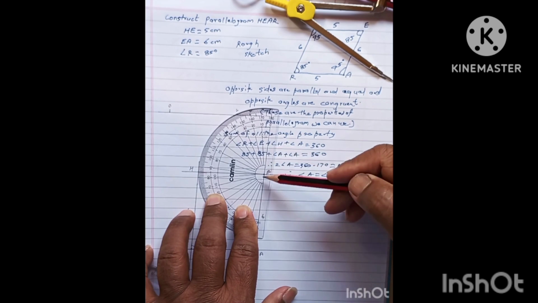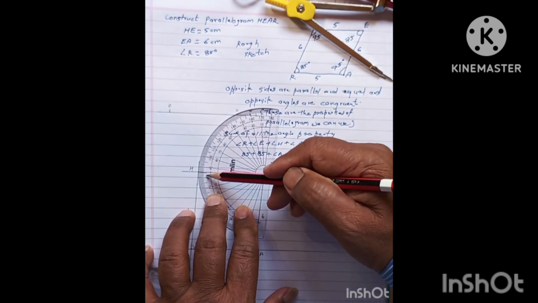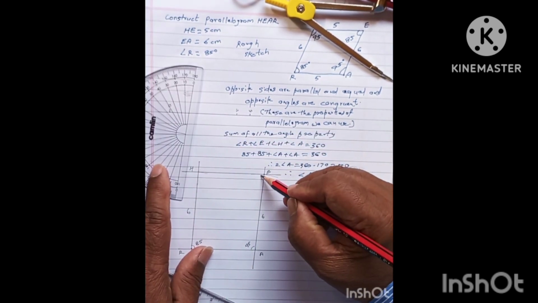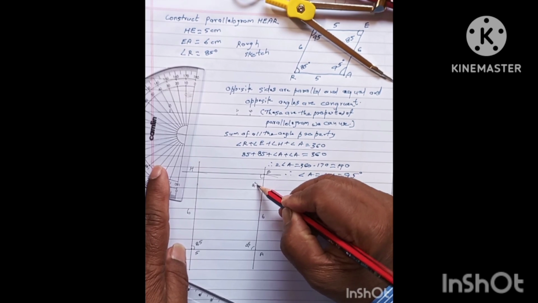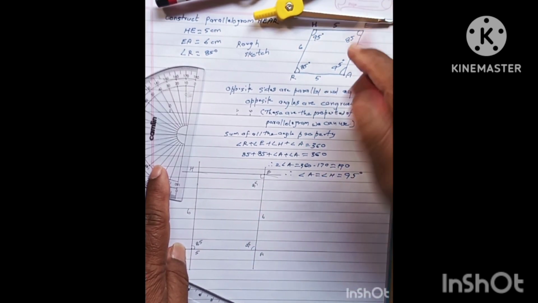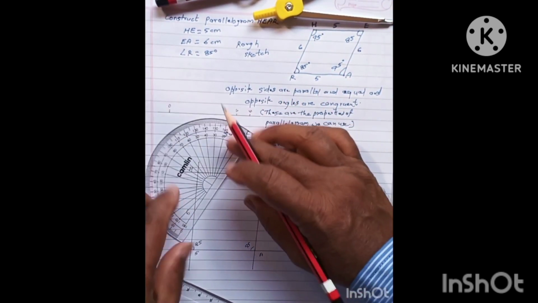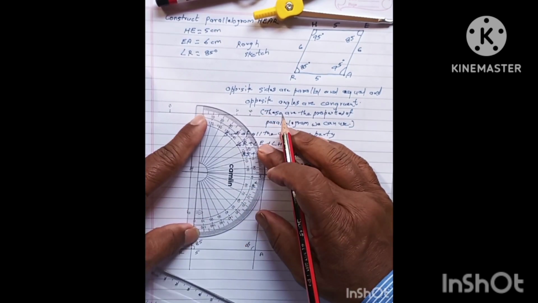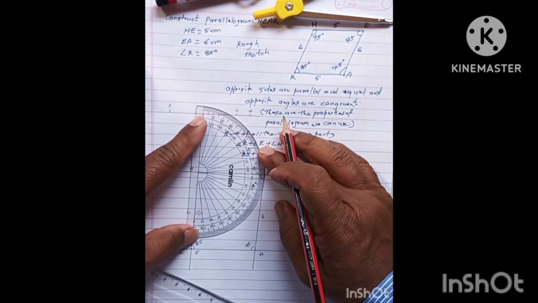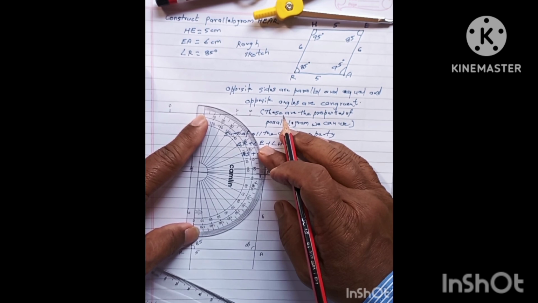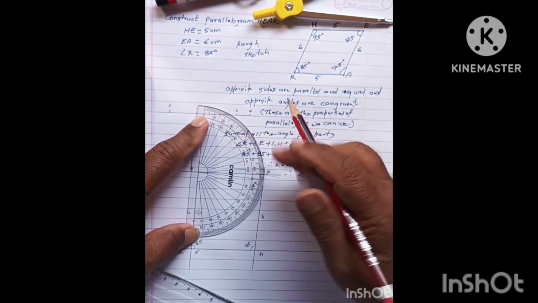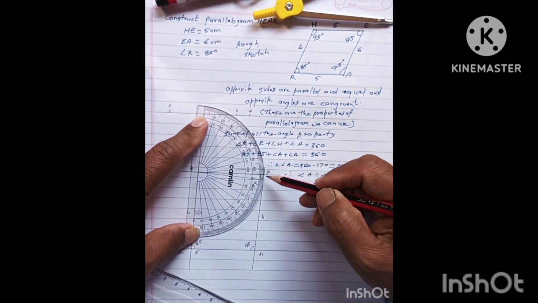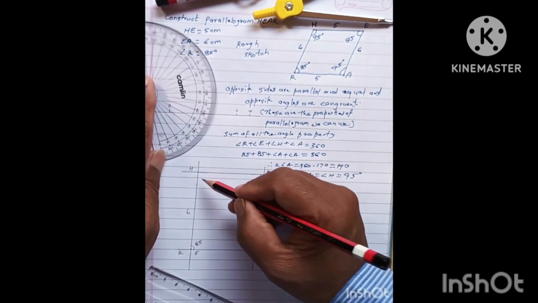HE was not drawn by scale, but it has to be phi if the construction is correct, and this angle E has to be 85, and even this angle H is to be 95. He may check only these points to check whether your construction is correct or not, and if you draw with this method, then it may never go wrong.